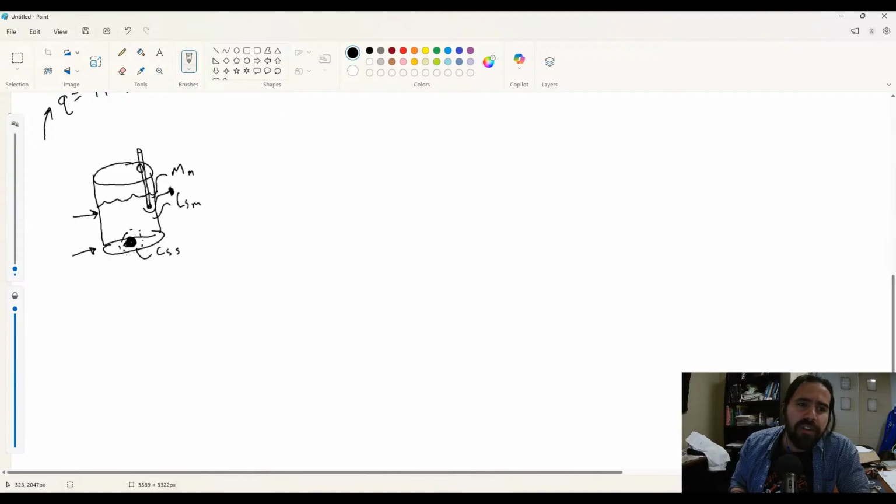Now, the reason we can do this hinges on this assumption that the change in the heat transfer of the system is equal to the negative change in the heat transfer of the surroundings.